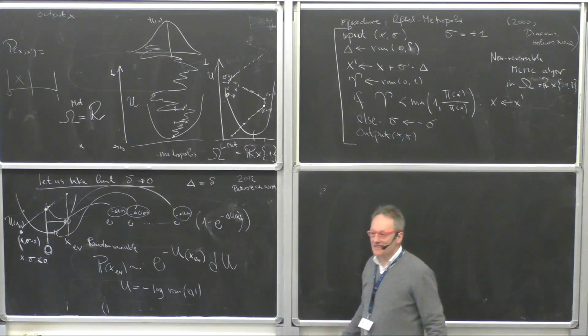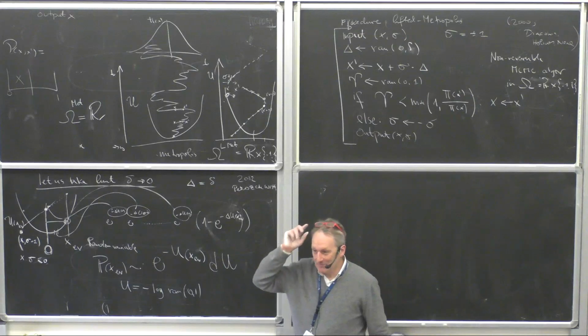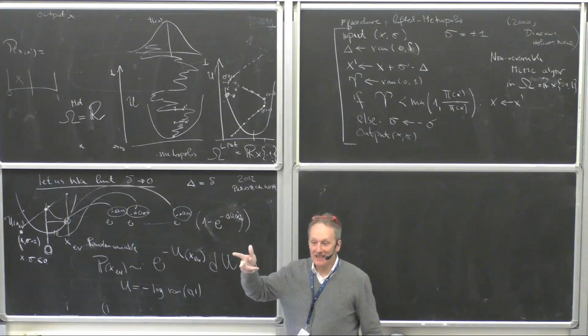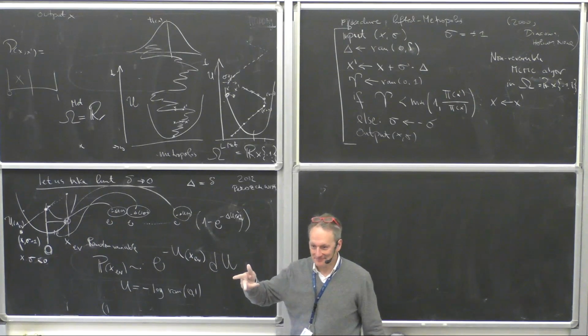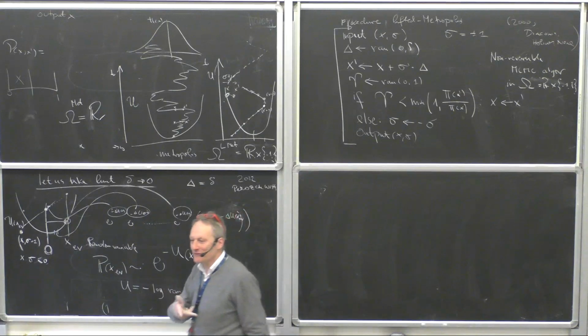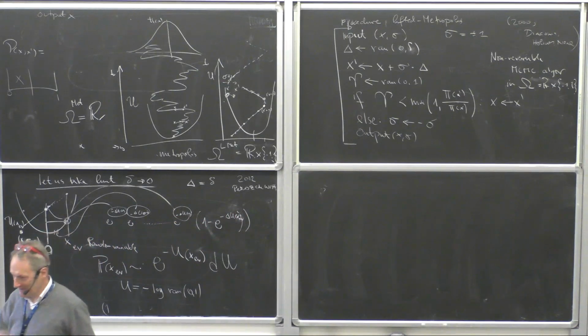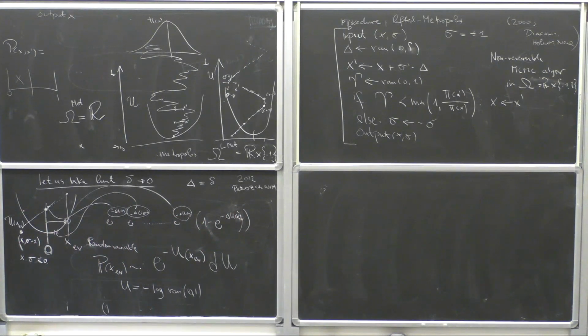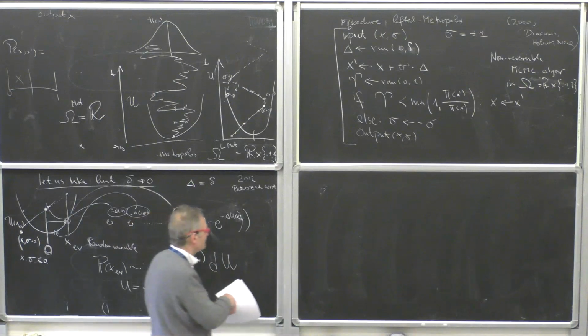Under the condition that my lifted Metropolis algorithm is correct. Right? We haven't proven it. So if the lifted algorithm is correct, then this algorithm that I'm going to show you is also correct. It's called the zigzag algorithm.